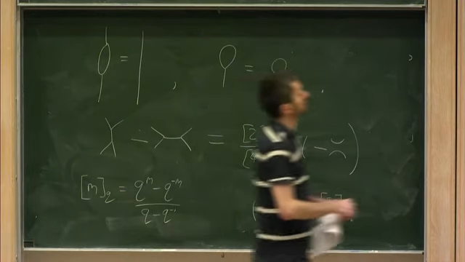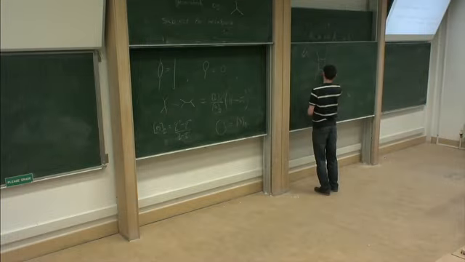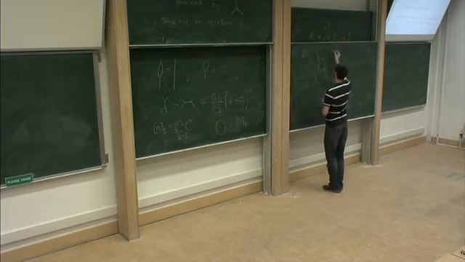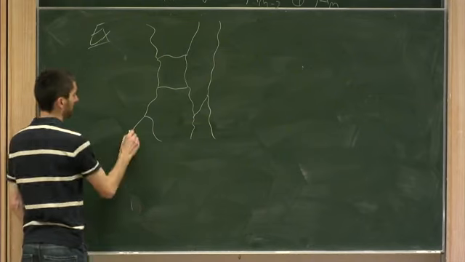The tangles generated by these trivalent vertices with relations here. So, an example. Something like this.